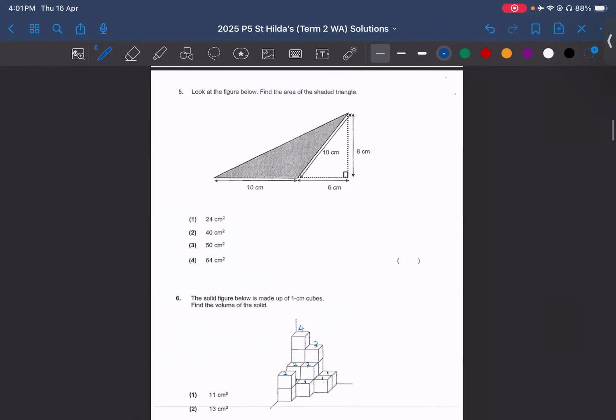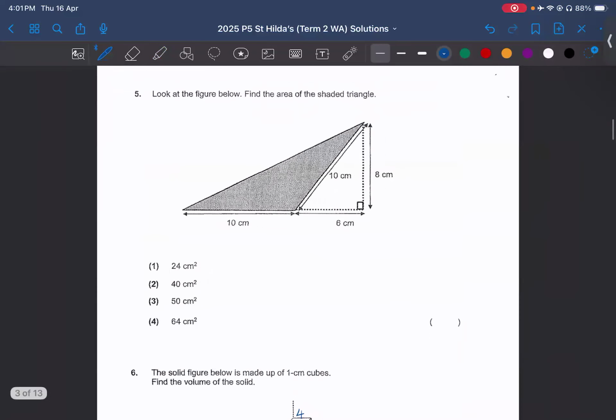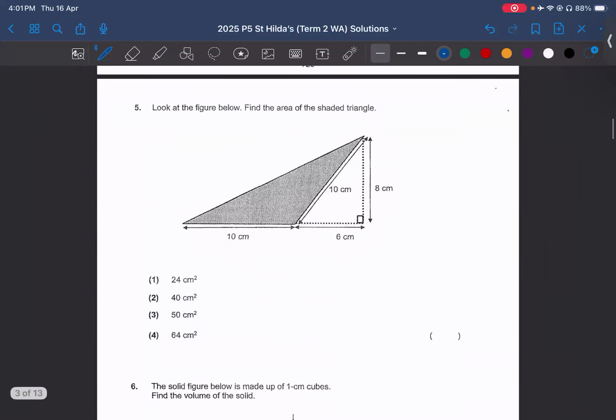Okay, next for question 5. Look at the figure below. Find the area of the shaded triangle. Once again, to find the area of a triangle, we must take half times base times height. The base must be one side of the triangle, and your height must be perpendicular to the base. If you look at the diagram carefully, your base should be this 10 centimeters here, and your height will be this portion here, which is 8 cm.